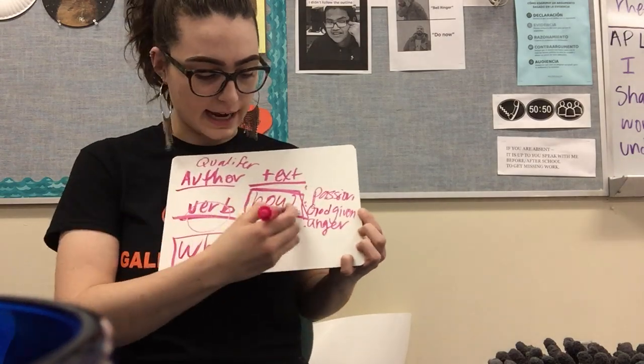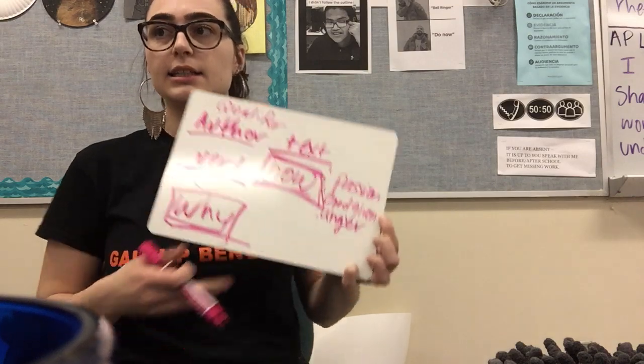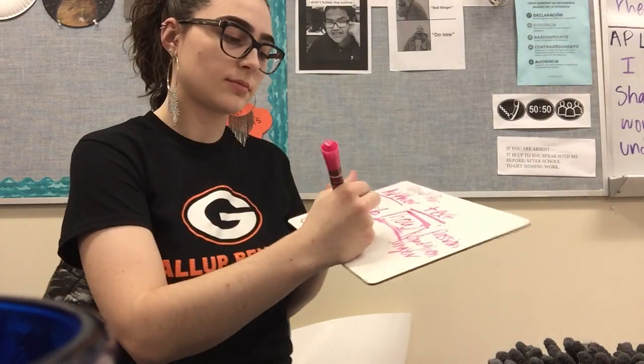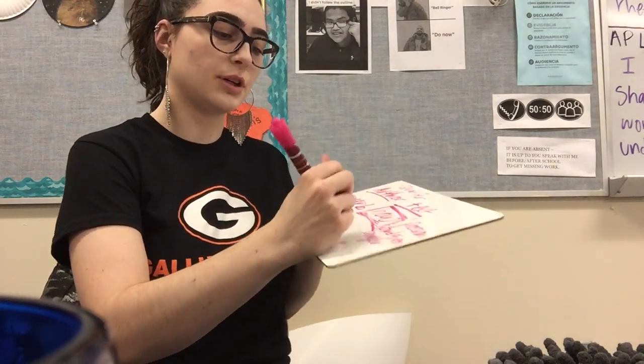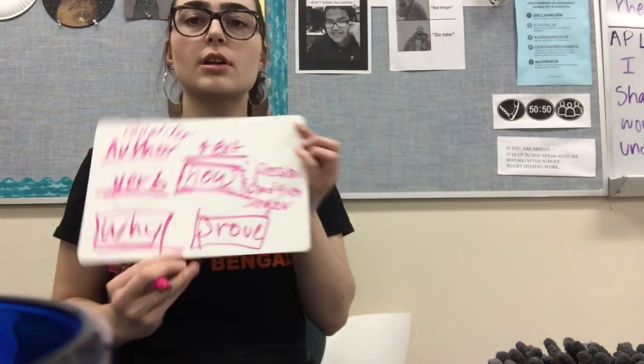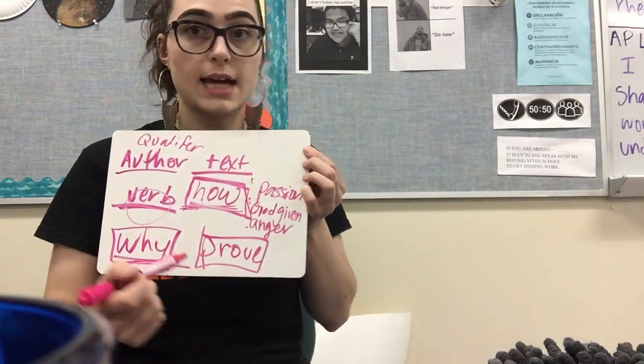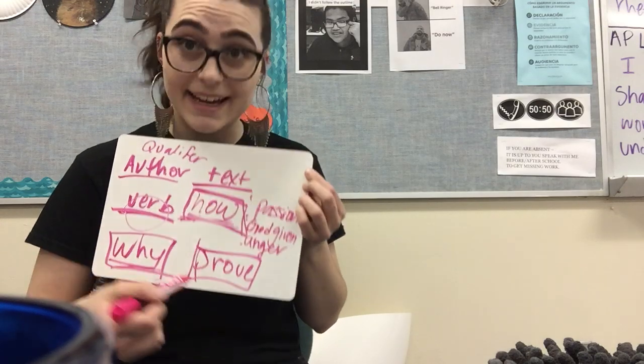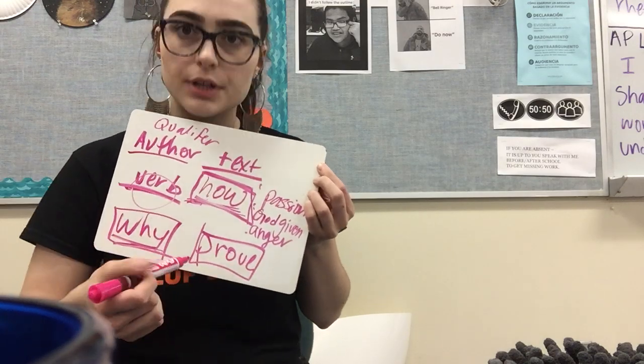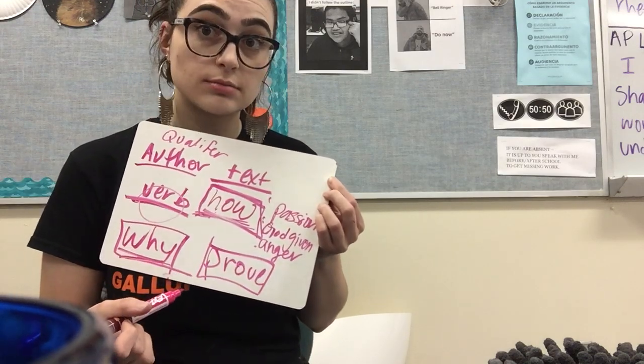Okay, give the why. How? Then the why. Then lastly, what is he trying to prove? What is he trying to do? To prove that the American colonists can overthrow the government and set up one of their own.